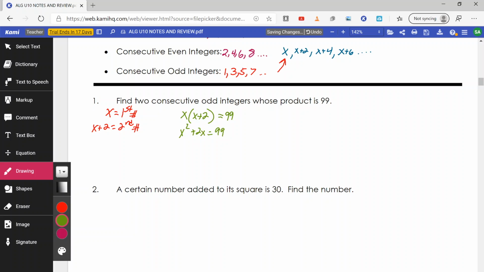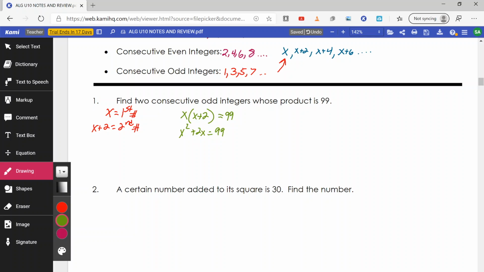Now at this point, I still don't know anything. However, if I think about what I did yesterday in terms of factoring, I do know if I have a quadratic equation equal to 0, I can attempt to factor and come up with numbers that make sense.